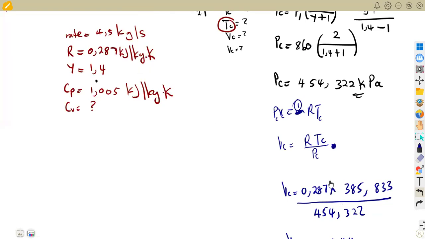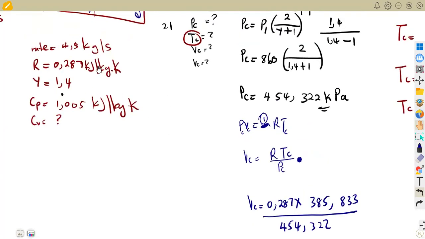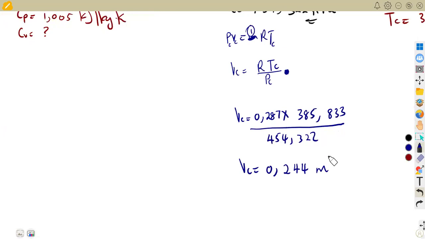The Kelvin cancelled, and the joules cancelled, but the kilogram remained. So this volume is in cubic meters per kilogram, the volume per kg.